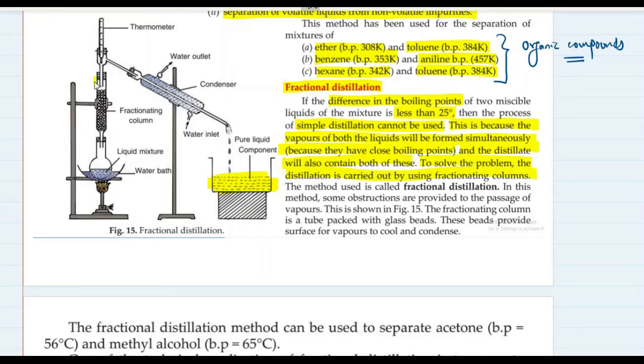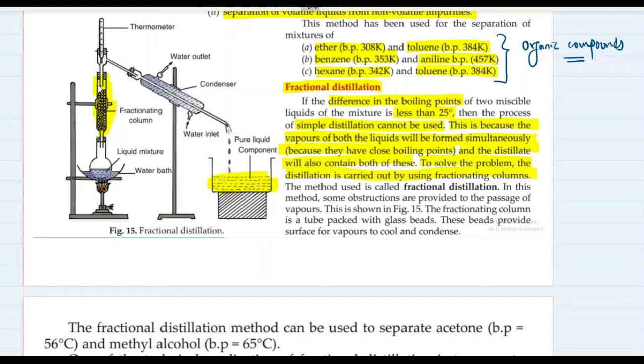Do you see this extra piece of apparatus which is fitted above the round bottom flask? This is a glass column which has a narrow bottom, and the upper end of this glass column is fitted with a cork which has a hole in it.